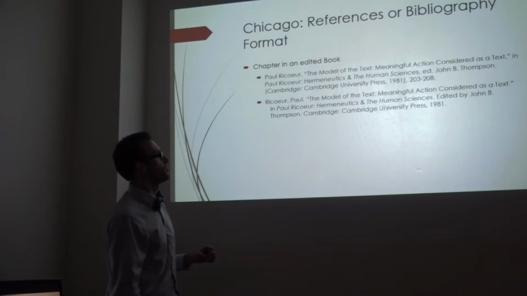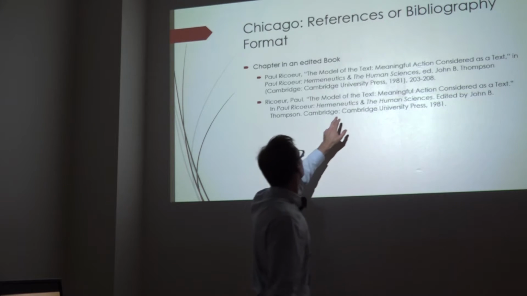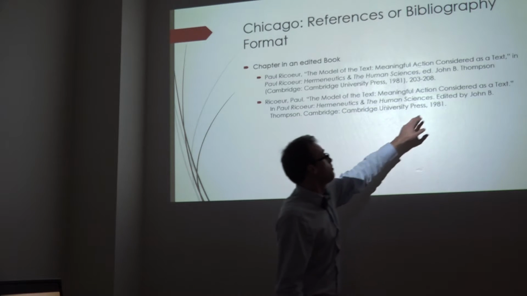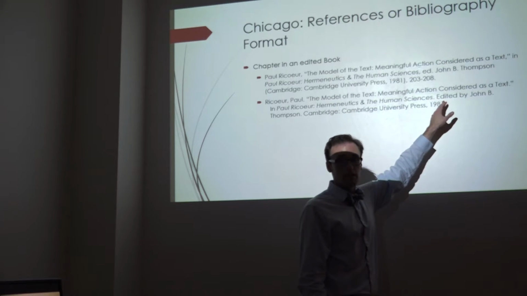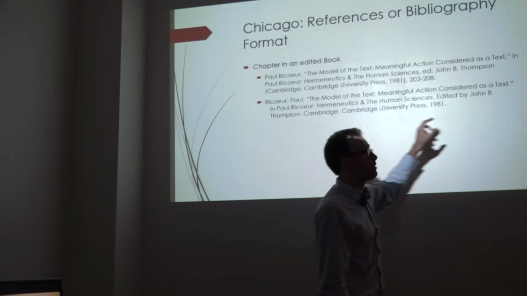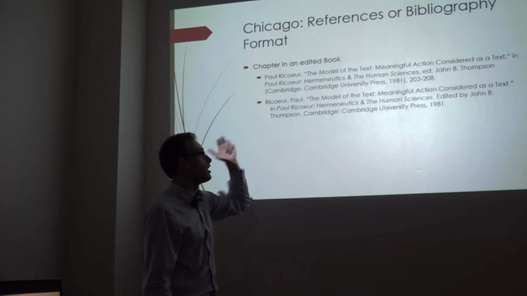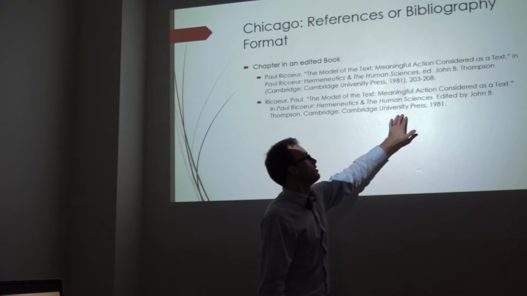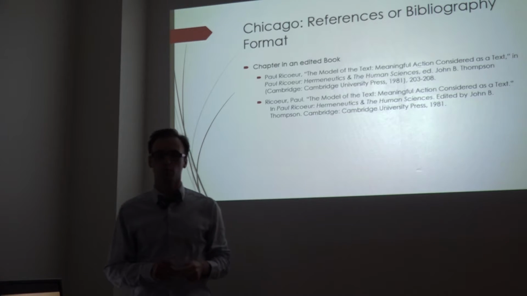Everything else is pretty much the same, with the exception of periods after the title. Instead of the abbreviated ed., now it's spelled out, edited by John B. Thompson, period, and then like normal publication info set off by commas, rather than parentheses.